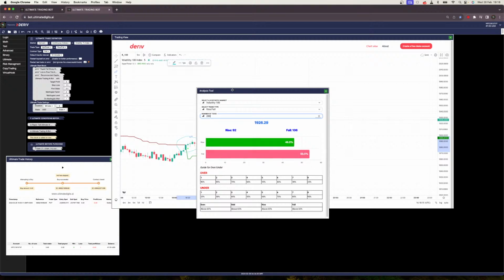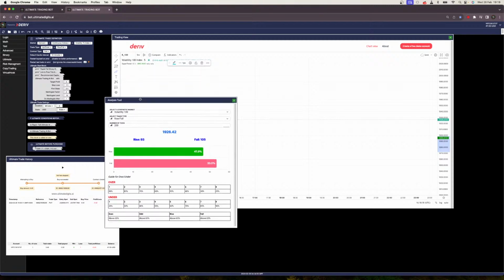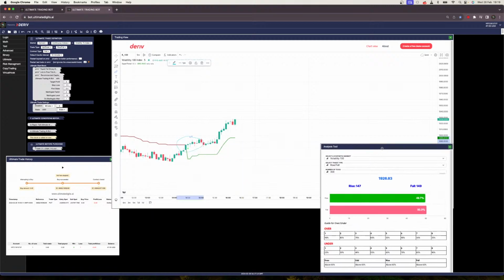So right now the tick analyzer tool may be showing 53% on downtrend. You can check on 300 ticks. So the higher you go, the more solid the data.